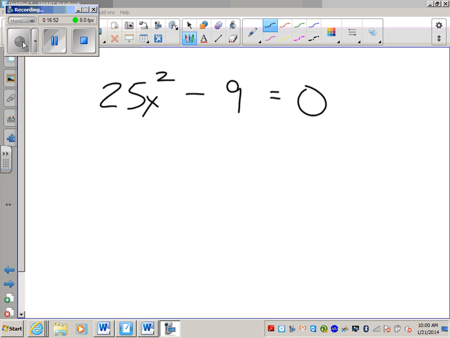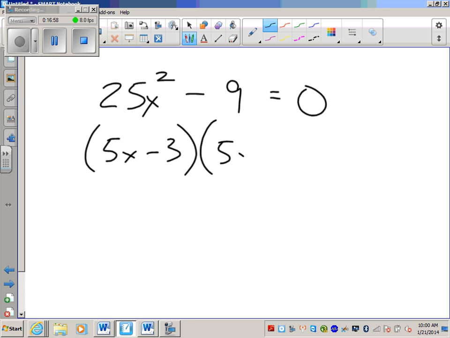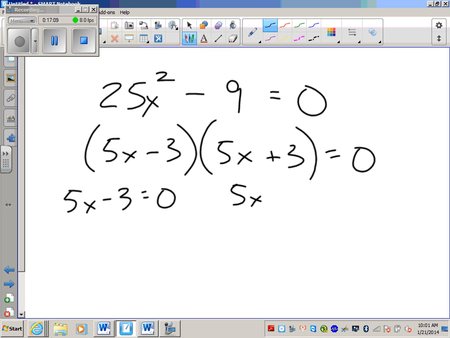Difference of squares? Yeah. Very good. Then we make these their own equations equaling 0. Okay, so here, Marlia, we're going to add 3.